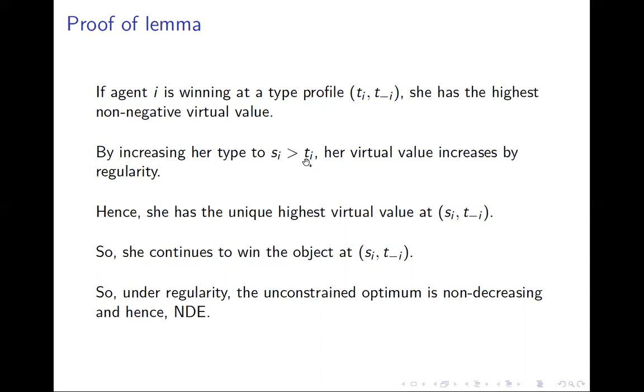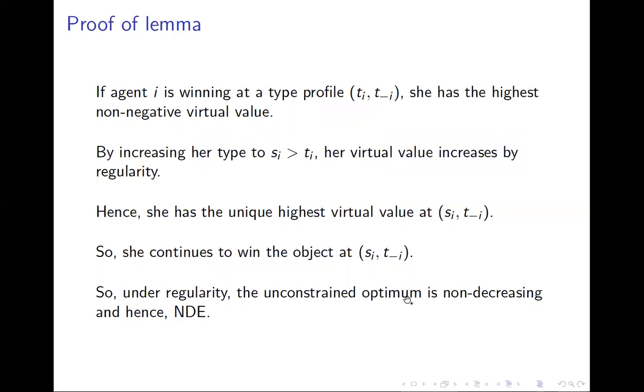Now suppose agent i increases her type to s_i. By our regularity assumption, if she increases her type from t_i to s_i, her virtual value increases. So at the new type profile, she has the unique highest virtual value.